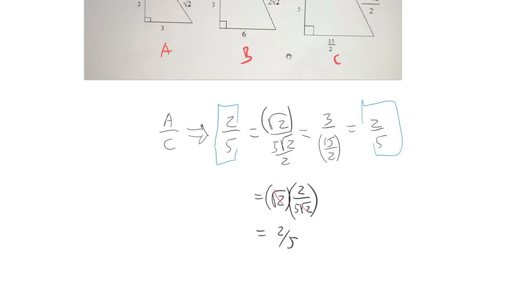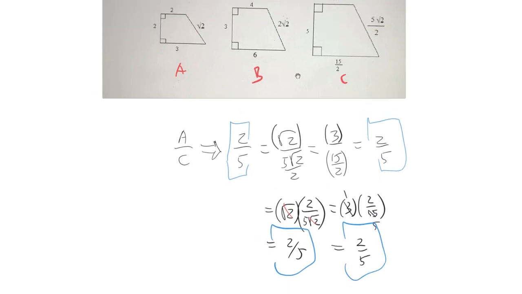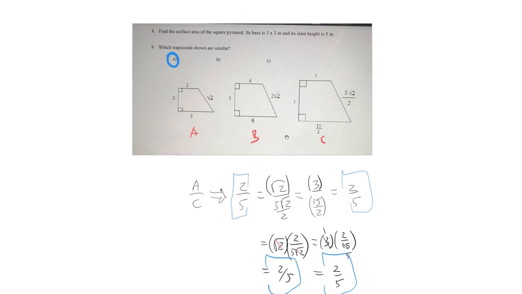So it looks like that one checks out. Let's wrap parentheses around that 3. We have 3 times the reciprocal of 15 over 2. And that would turn into a 1, that would turn into a 5. And that would indeed leave us with 2 over 5. So it is the case that the proportions are all 2 over 5. So therefore, the answer is that A and C are similar.